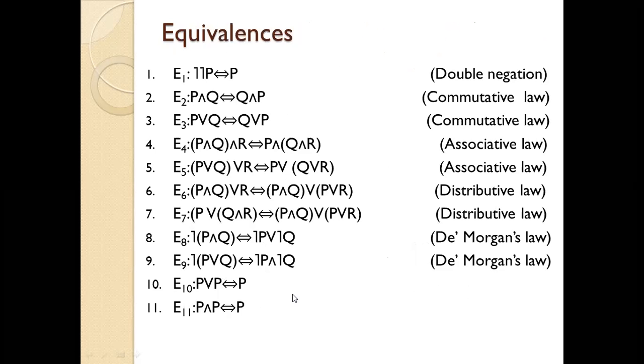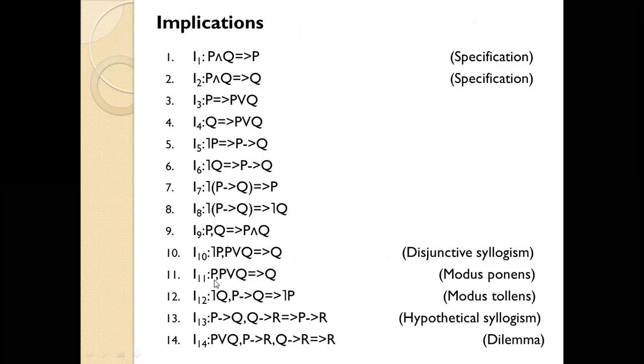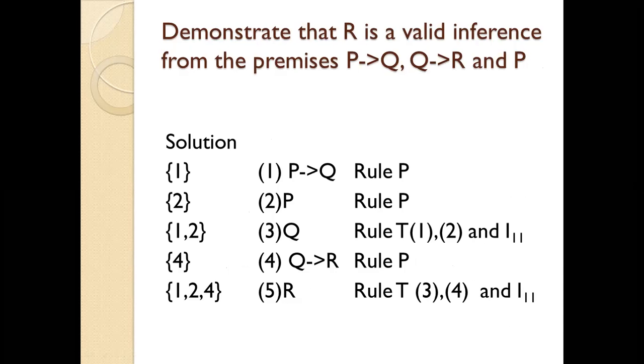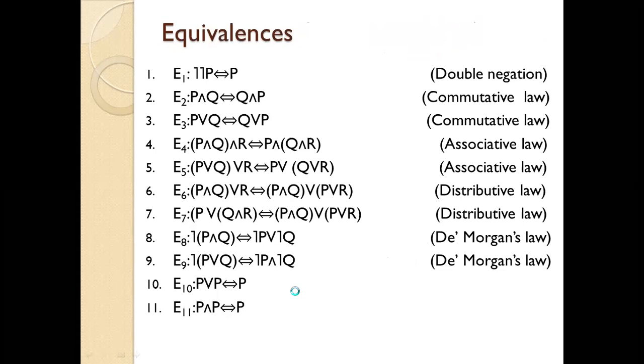See, identity 11 says P, P implies Q implies Q. तो यहाँ पर हमारे पास में Q comma Q implies R will give you R. Identity number 11.